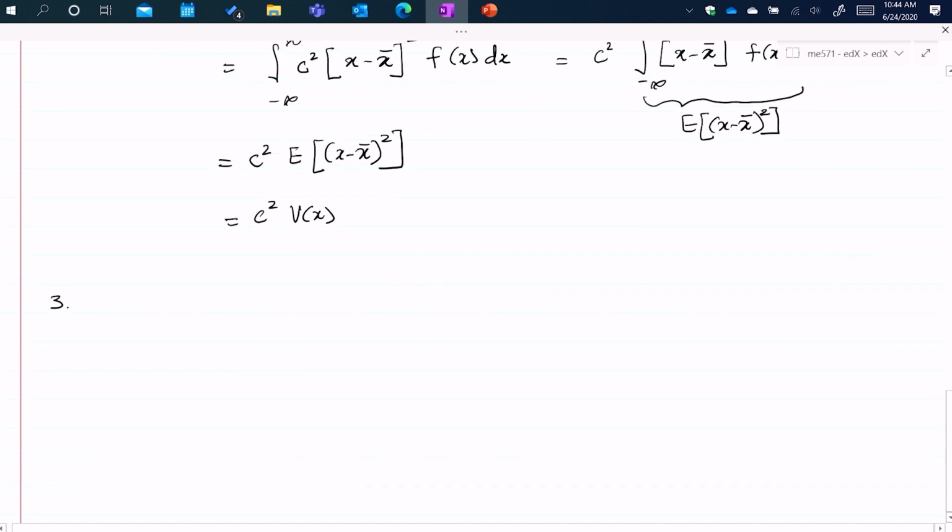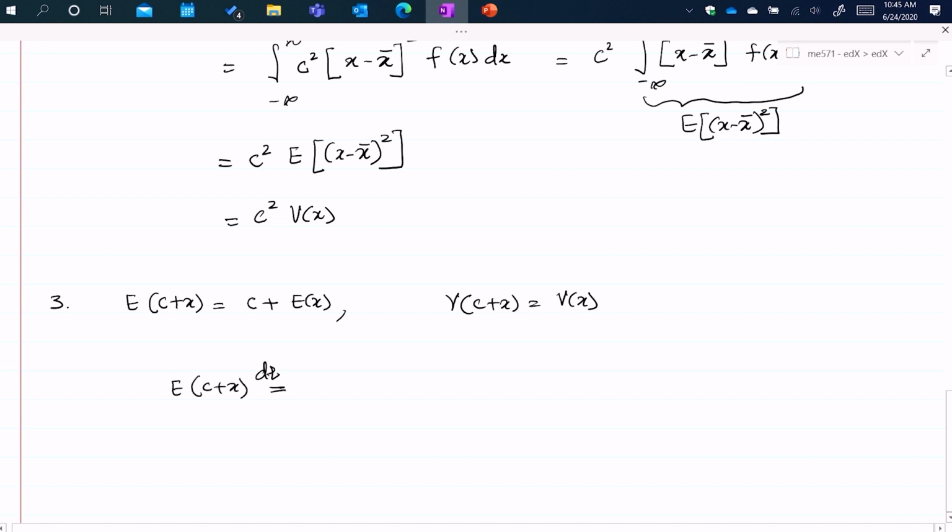Move on to the third example. So this is expected value of c plus x equals c plus expected value of x, and variance of c plus x is equal to variance of x. So let's do this.